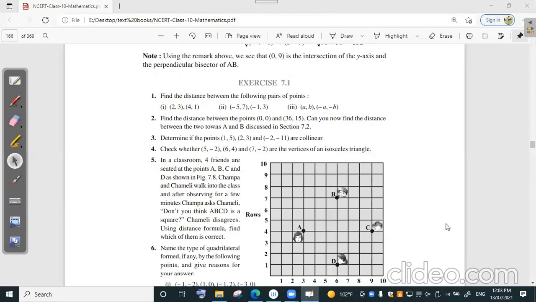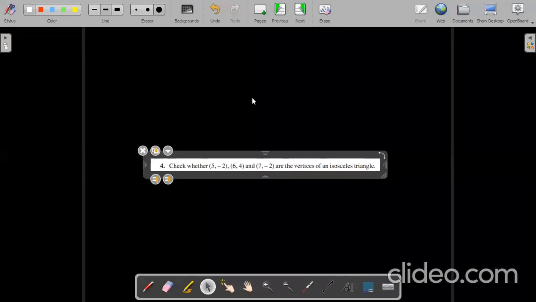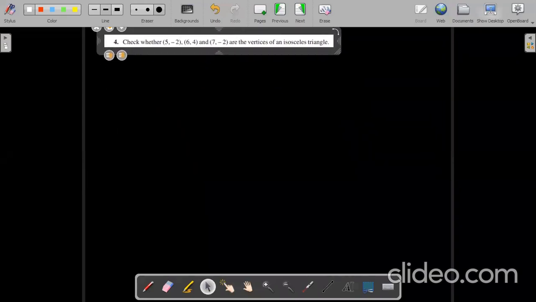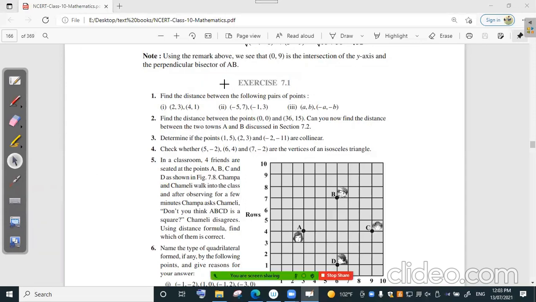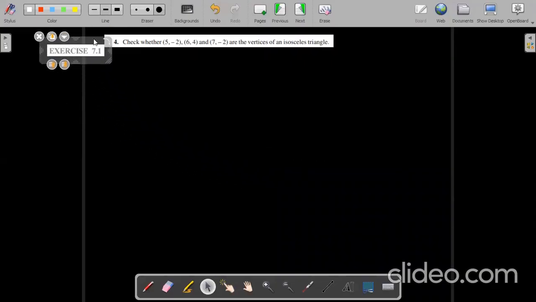Okay, so there is a huge application of the distance formula. Check whether the following are isosceles triangles. Isosceles triangle. What is an isosceles triangle?